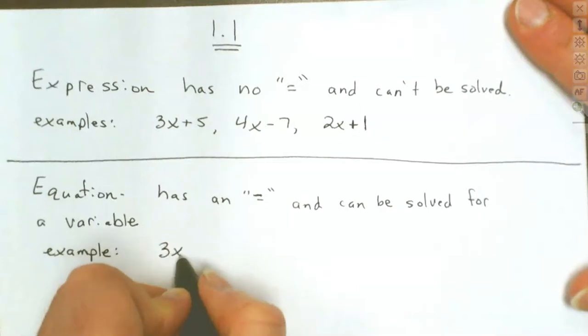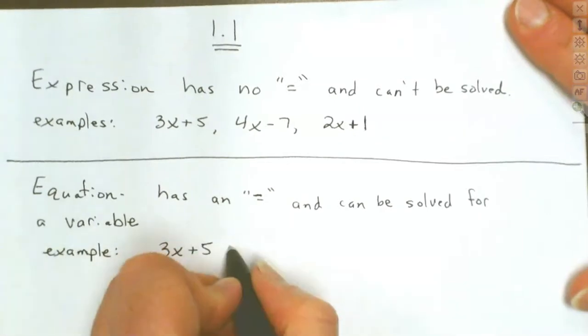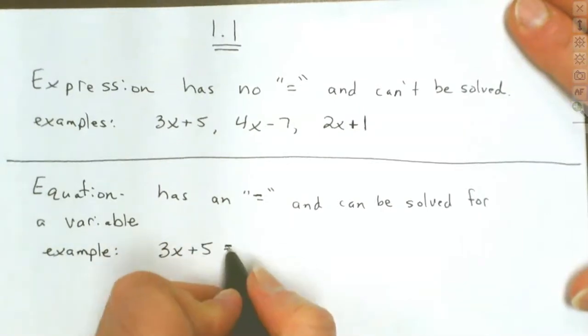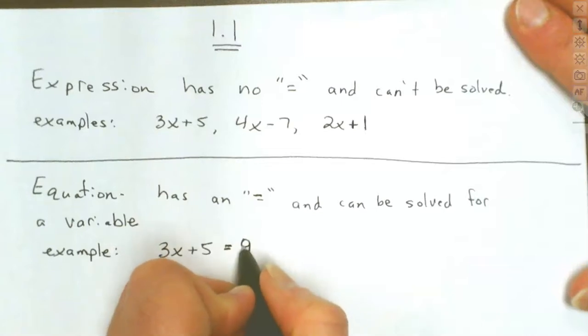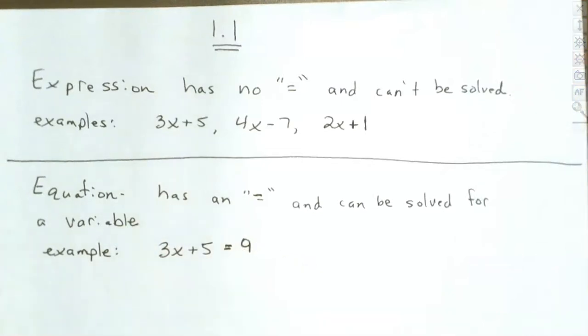How about 3x plus 5 equals 9? So this is an example of an equation. Now, with equations, we can solve it. We don't really work with expressions that often in this course. We generally focus on equations. So we need to make sure that we know how to solve an equation.